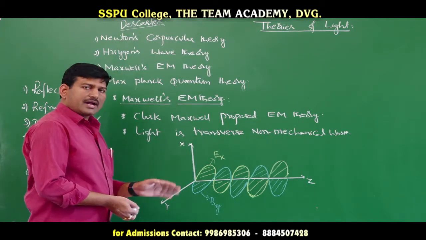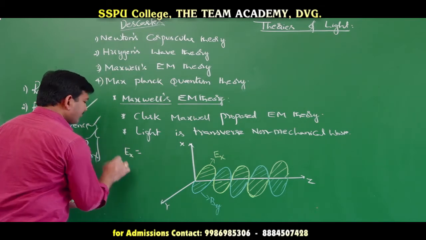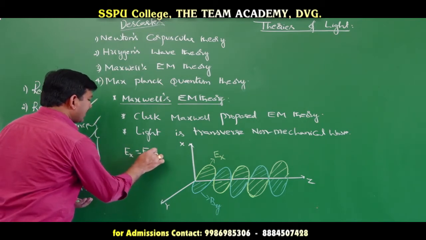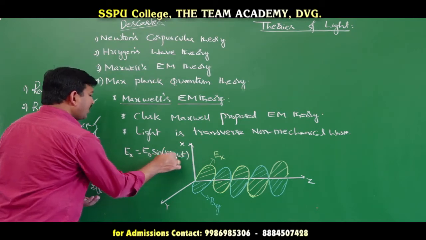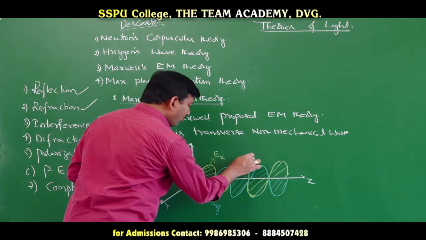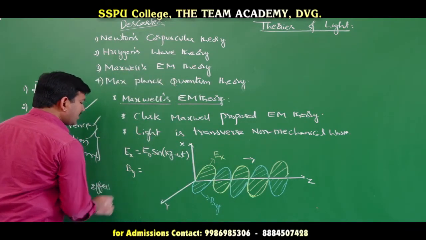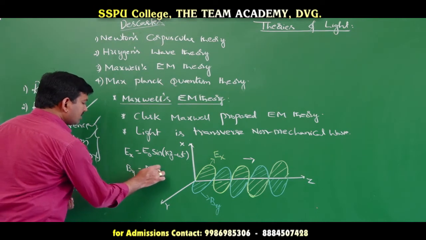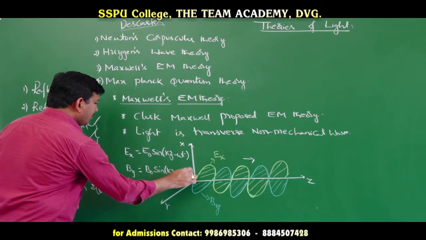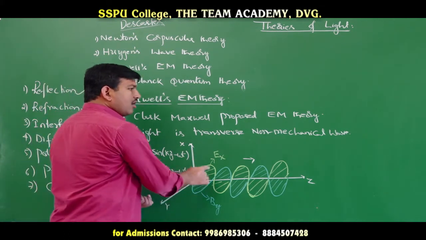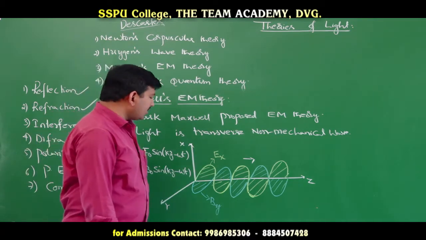In an electromagnetic wave, the electrical wave can be represented like this: Ex = E0 sin(kz - ωt). The minus sign means the wave is propagating along the positive z direction. In a similar way, the magnetic wave is represented by By = B0 sin(kz - ωt). Here the electrical wave and magnetic wave are perpendicular to each other and also perpendicular to the direction of propagation of the wave.